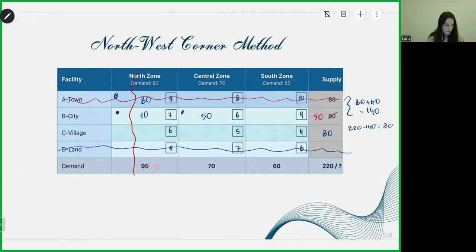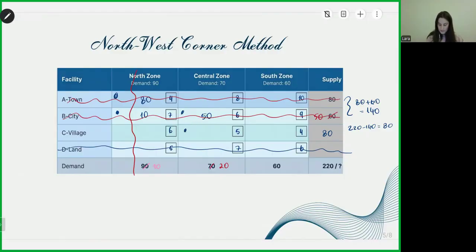If I write 50 here, I have supplied everything I have from B city. So I have to erase B city. But then how much does central zone want now? 20. 70 minus 50, 20. Okay, so I'm going to look at the next northwestmost corner, and it's going to be this one.